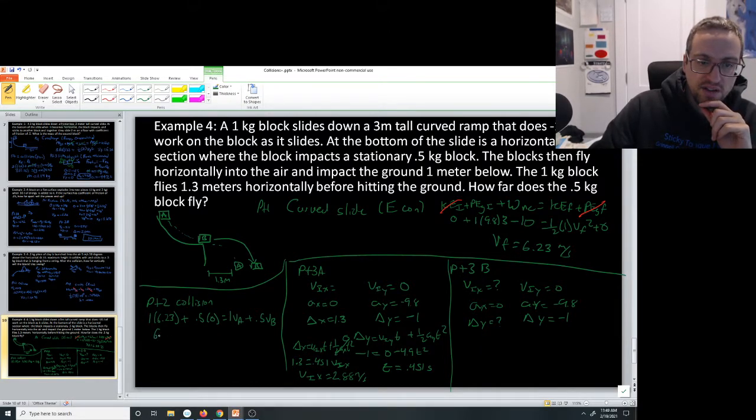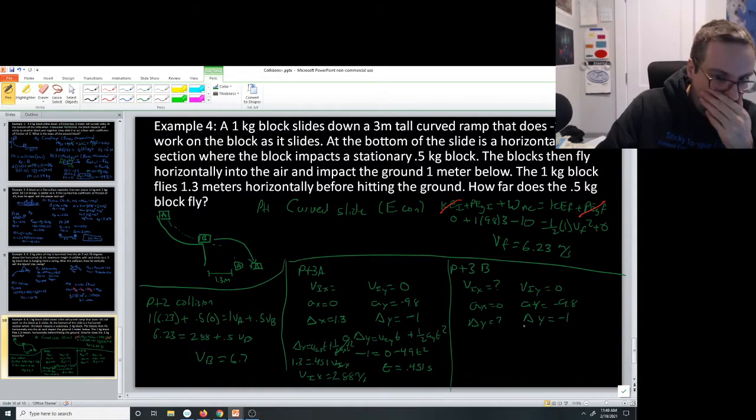So now I've got 6.23 equals 2.88 plus 0.5 VB. And VB is equal to 6.7, which becomes the initial velocity over here. So now I've got V initial x, right? It's no longer a question mark.